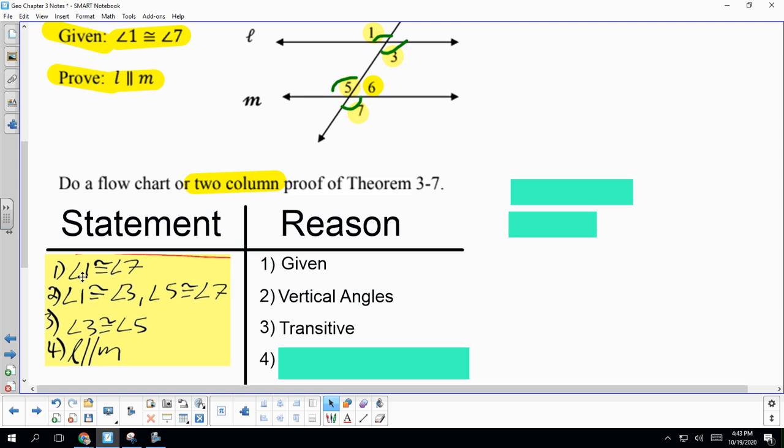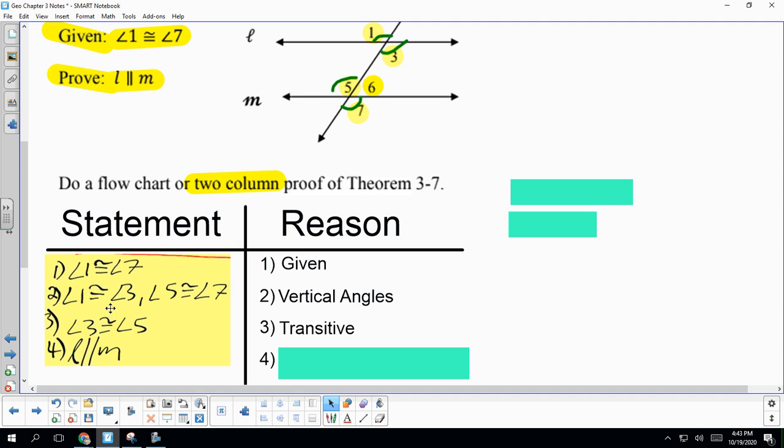Because if 1 is congruent to 7 and 1 is congruent to 3, so we can say 5 is congruent to 7. So this is like a way long transitive property.